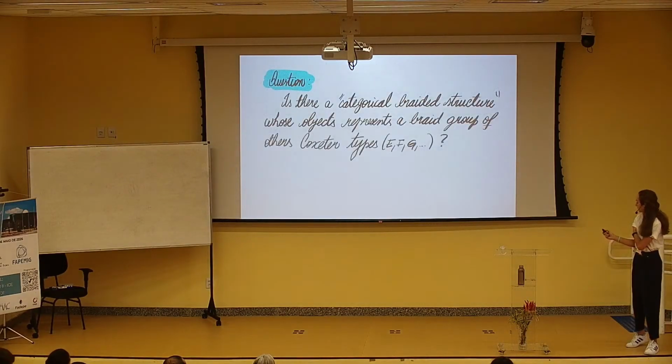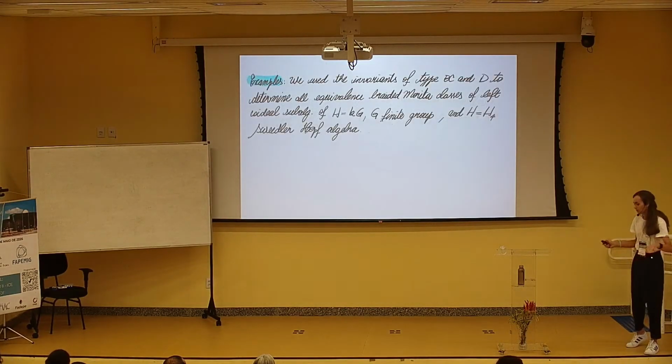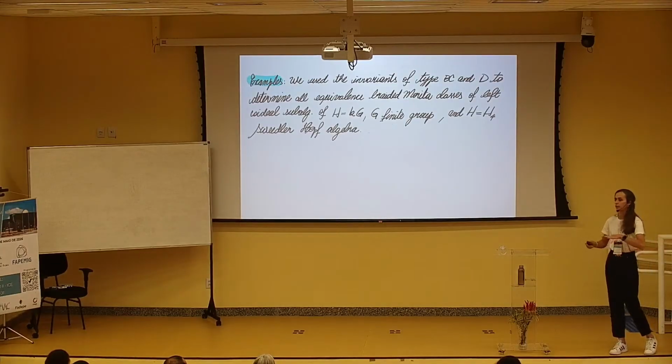And in the paper we have split apart all the braided Morita classes for group algebras, for a G-affine group, and for the Schroeder-Hopf algebras as well. So we have this explicit example using the results.